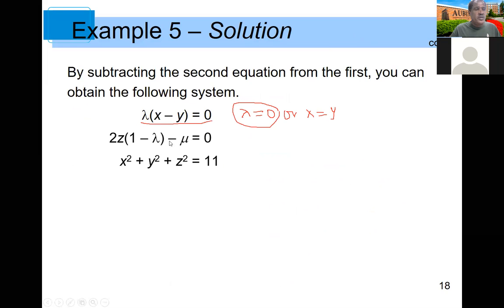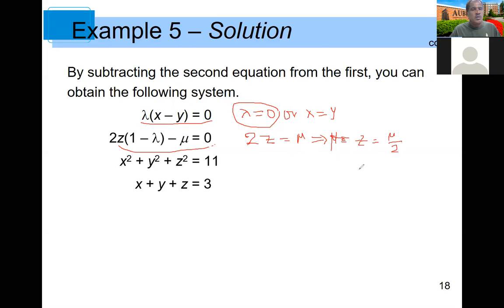From this equation, if lambda is 0, we get 2z is equal to mu, which means z is mu over 2.